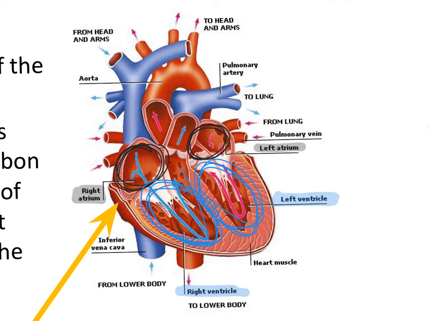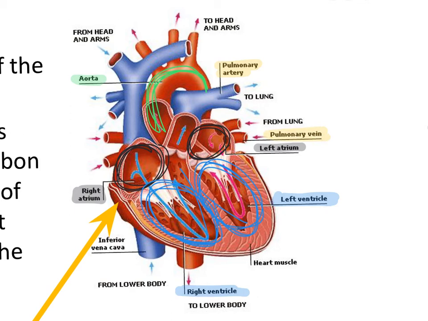Some other important things you'll need to know are the names of the major blood vessels. So here we have the aorta. And there's our name right there. We also have the pulmonary artery and vein. We'll get into why that's important later.